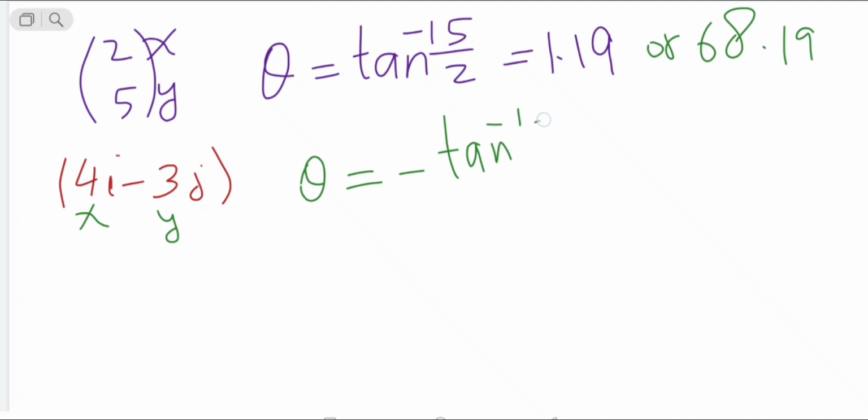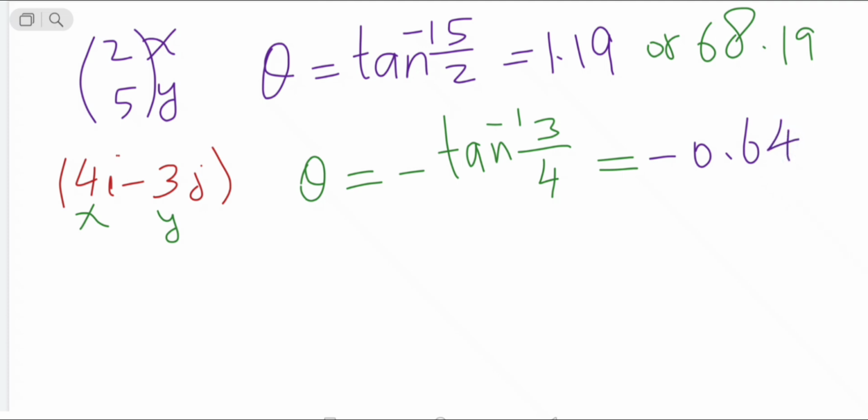What is y? 3 over 4. We don't write negative here. Here we write the positive. Okay, then we put it in the calculator. So the answer in radian is equal to minus 0.64. This is our answer.